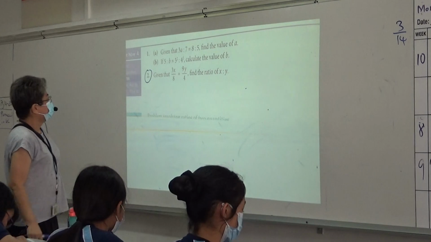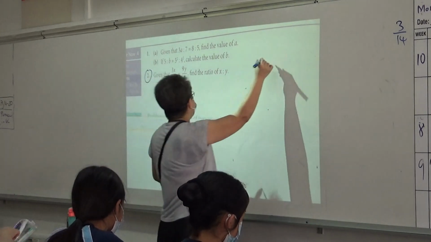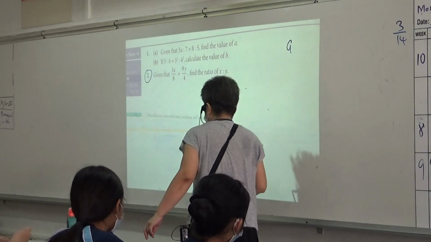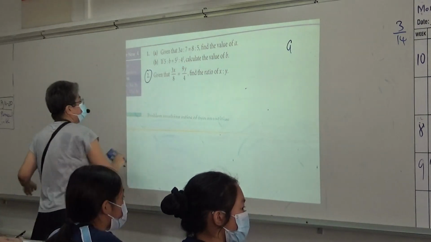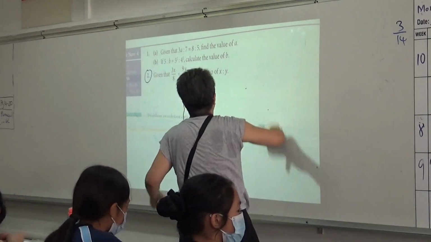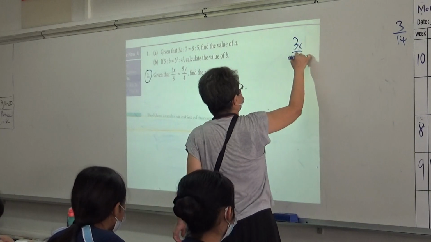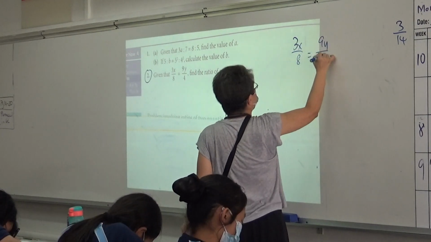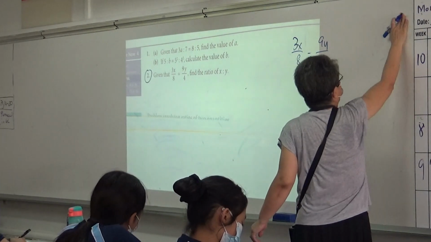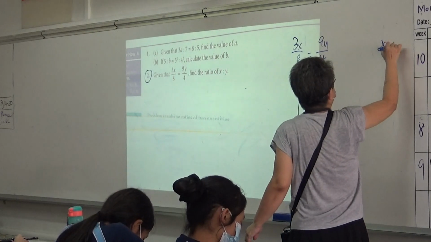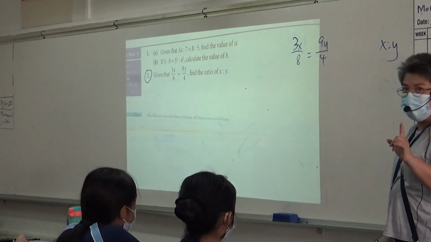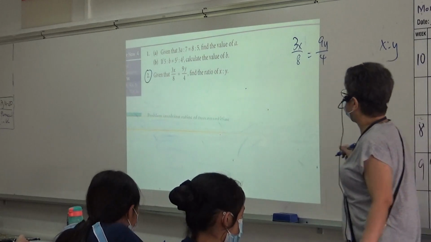Given that 3x over 8 is 9y over 4, find the ratio of x is to y, not x over y. X is to y.